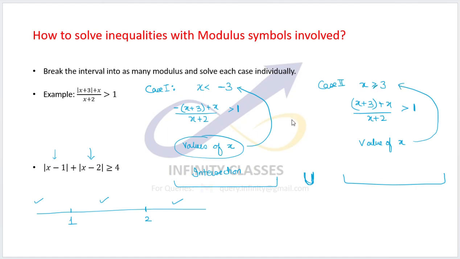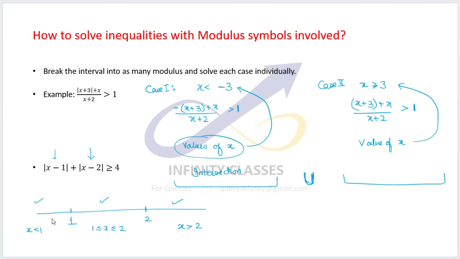So let us say we take the equal to sign here. In this case, I can take x is less than 1, 1 is less than equal to x is less than equal to 2, and x is greater than 2. We can take equal to sign anywhere, actually, at any one of the points. Once taken, it will be taken care of.